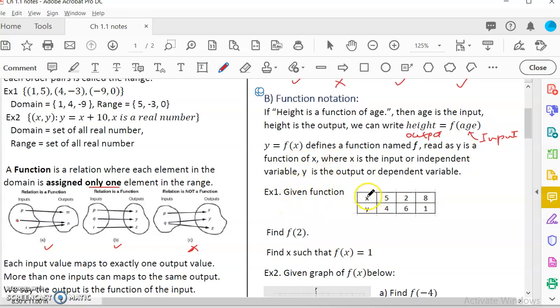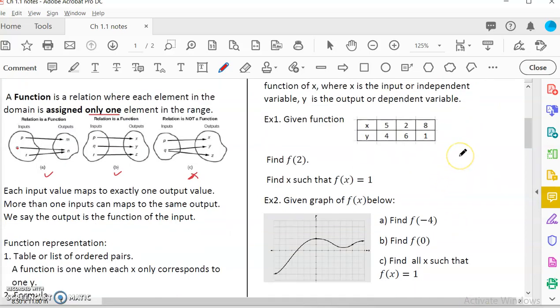So let's look at a different way of representing a function and then use the function notation. If I have a table like this, x, y, this obviously is a function because every x has only one y. If I say f of 2, that means I want to use this function and tell the output when the input is 2. So when the input x is 2, what is the output?